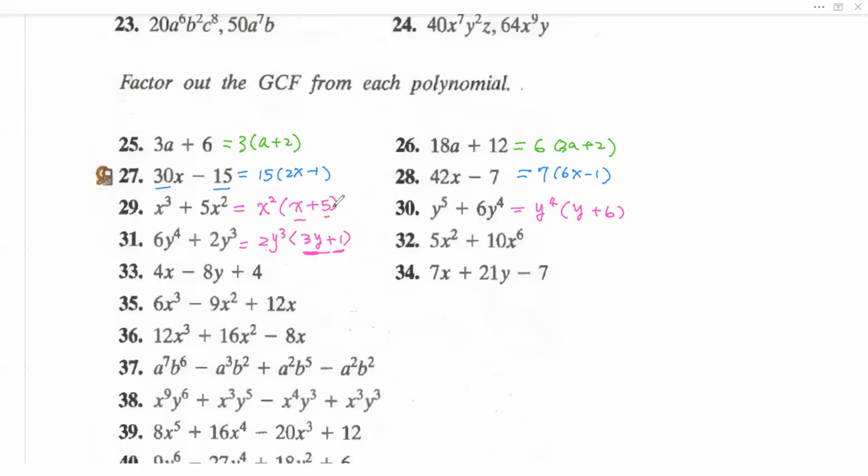Just double check if these two have a common factor other than 1, you should put that in the front in the greatest common factor part. Right, this is 32. 5, 10, so it's 5x. Here is square, right? So the rest is... right. So you can quickly check if you're not confident about the result.